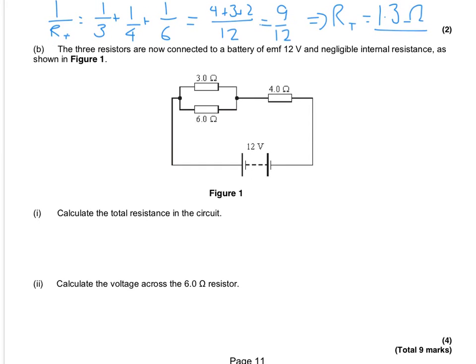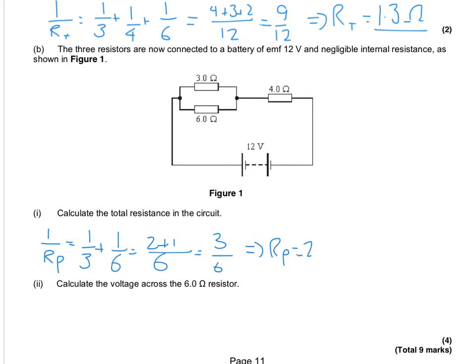We've got them now connected in this configuration with 0 internal resistance, and it wants the total resistance of the circuit. So let's first of all calculate the resistance of the parallel section, like this. Let's put them over a common denominator of 6, so it would be 2 plus 1, so 3 over 6, which implies the resistance of the parallel section is 2.0 ohms.